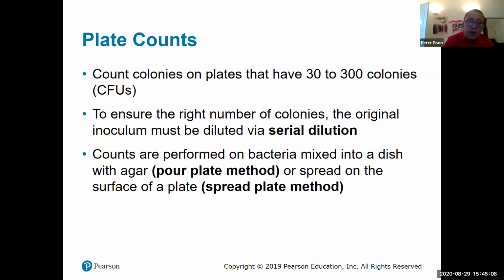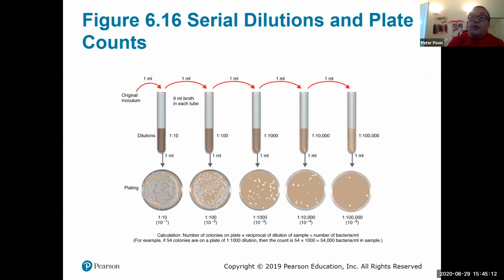So what you have to do really is to dilute out the bacteria. Okay, so if I take the original inoculum, I separate this out. So this is 1 to 10, this is 1 to 100, this is 1 to 1,000, this is 1 to 10,000, this is 1 to 100,000. Okay, if I pour this out, that gives me 3 bacteria.